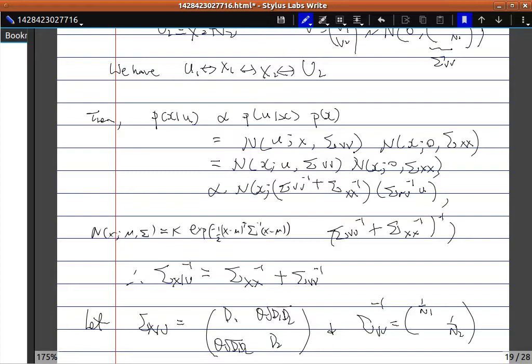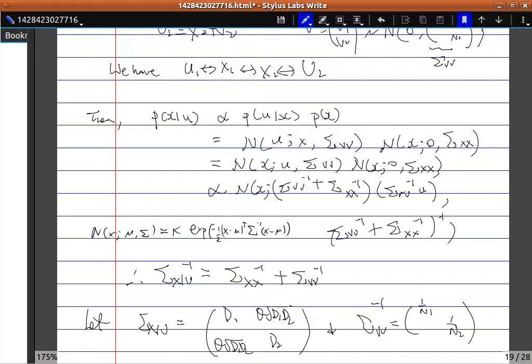Another way to think of this is that you have two observations here. One observation has mean mu, the other observation has mean 0, with one observation having covariance sigma VB and the other with sigma X. And these two observations are independent, so the combined PDF will be just a product of the two.